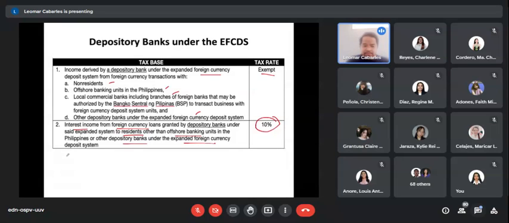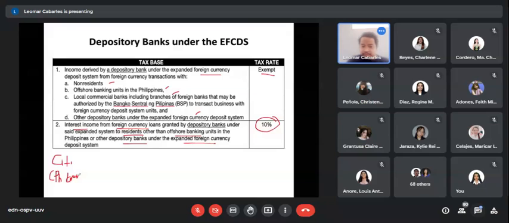Para malinaw, balikan natin si Citibank, not the US, but the Philippine branch. The branch is a resident foreign corporation. Meron itong dalawang units.